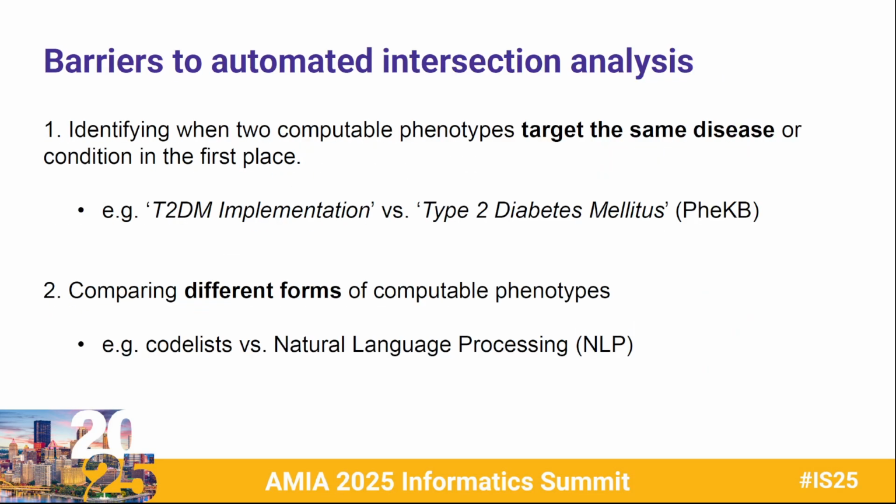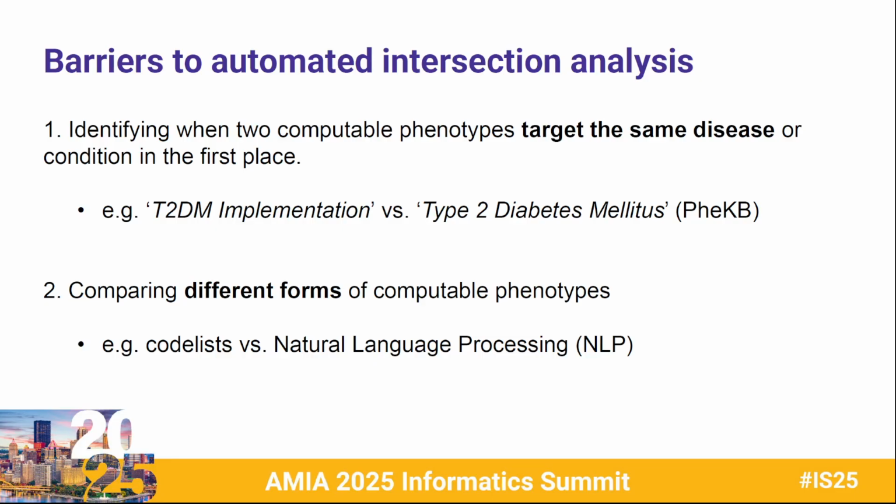There are two barriers to this automated intersection analysis that we were planning on doing. The first is that when identifying two computable phenotypes that target the same disease or condition, it might actually be difficult to do that in the first place, before we even get down to comparing their logic. It might be difficult to work out when two phenotypes are actually trying to identify the same disease or condition.